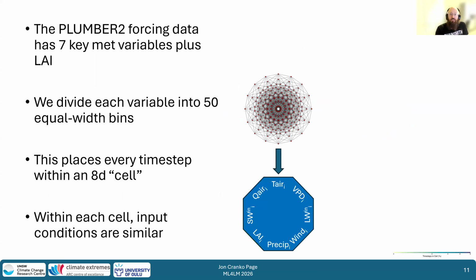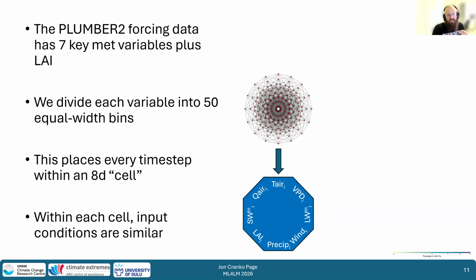And how did we go about this? Well, the PLUMBER2 forcing data, so the meteorological input provided to the land models, and that was provided to our empirical models in varying quantities, has 7 key MET variables, as well as LAI, so leaf area index. These are shown in this octagon down the bottom.